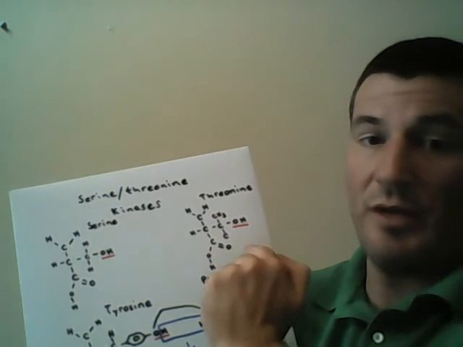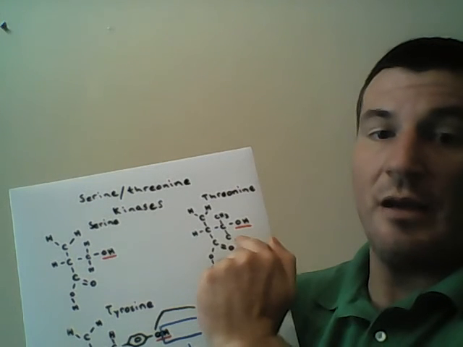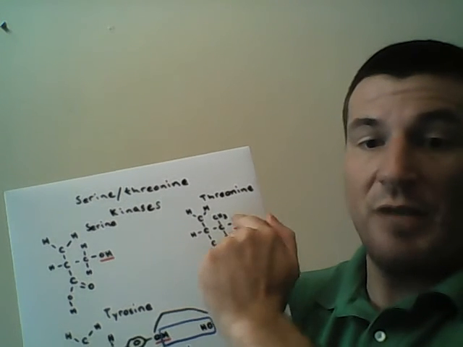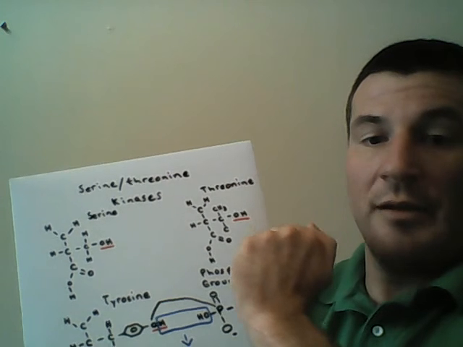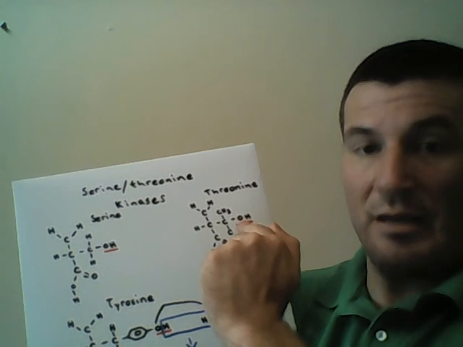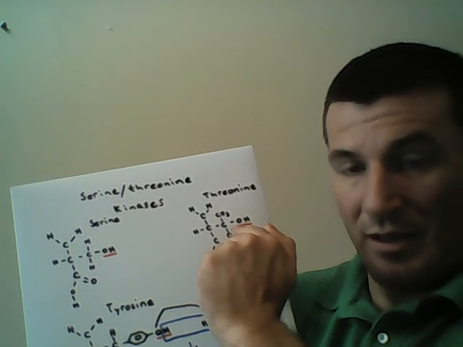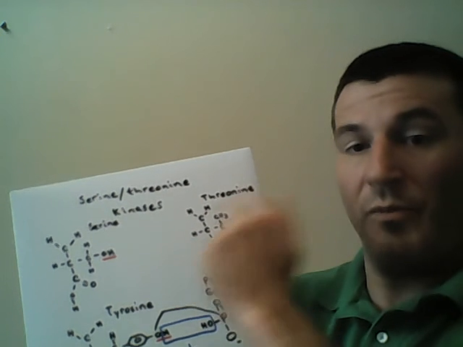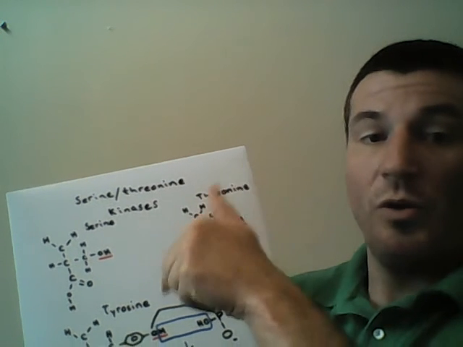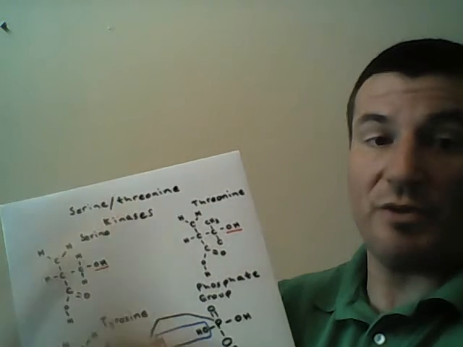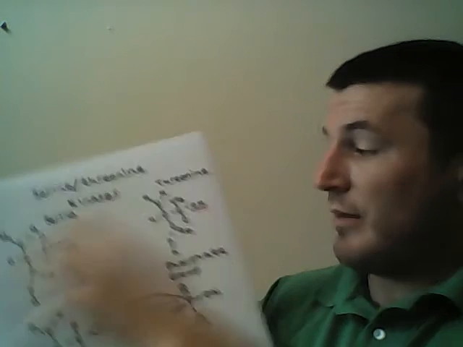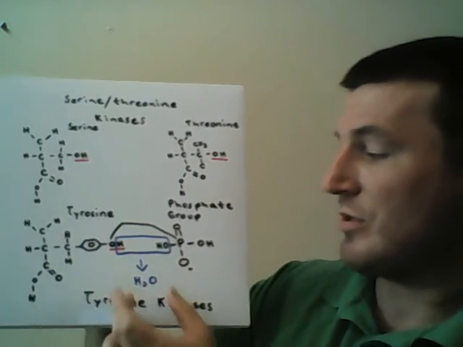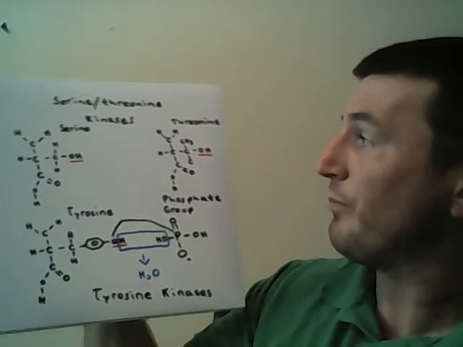And same thing over here. This is going to perform a condensation reaction, and then the oxygen that is on the amino acid is going to form a phosphoester link or a covalent bond with the phosphorus atom. And it's a condensation reaction, so it'll leave water.